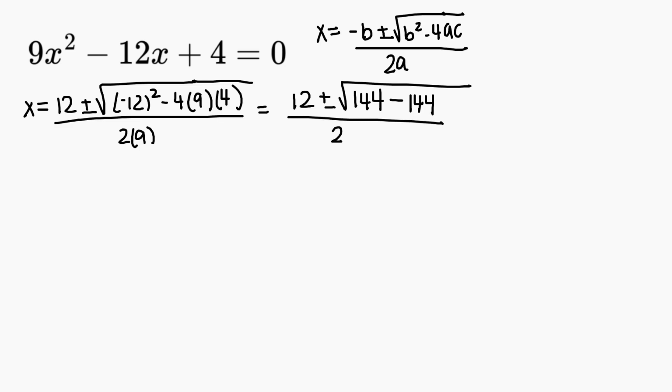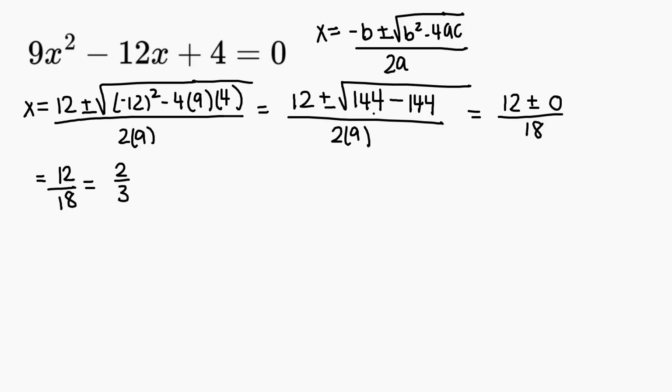That gives us, with 2 times 9, 12 plus or minus the square root of 144 minus 144, which is the square root of 0, which is 0, divided by 18. This gives us our solution as 12 divided by 18, which can be simplified to 2/3.